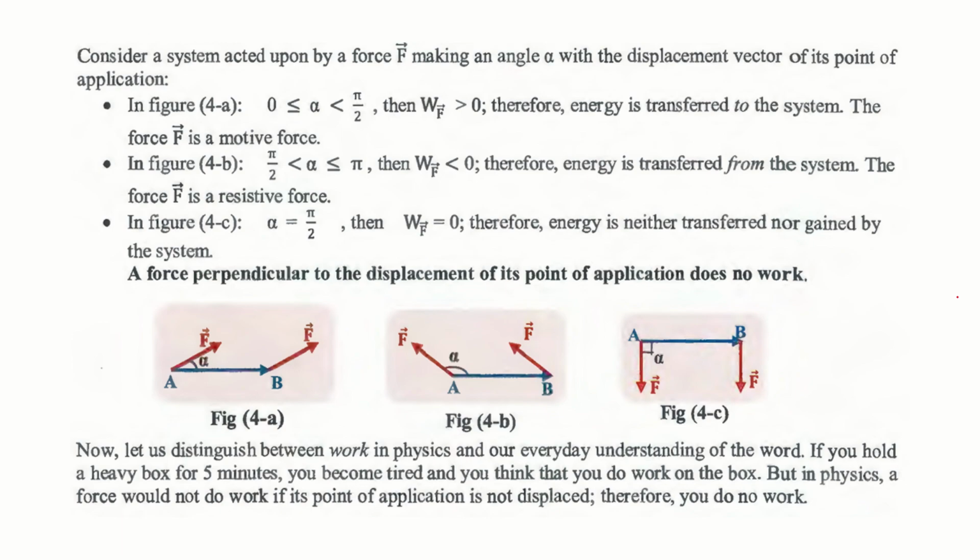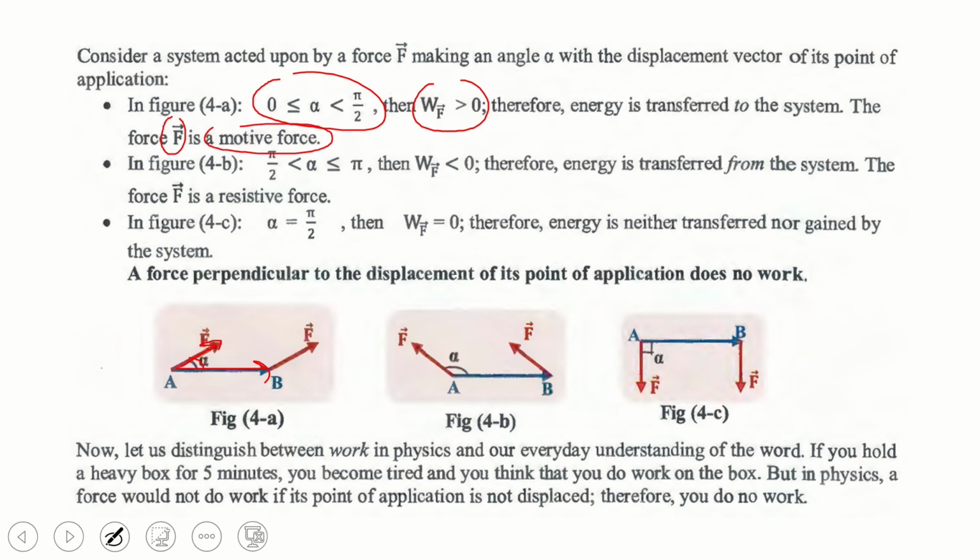Now, if alpha is an acute angle, so the angle between the force F and the displacement AB is between 0 and 90 degrees, or 0 and pi over 2, the work done by the force is positive work. So we say that the force F is a motive force exerting a motive work.